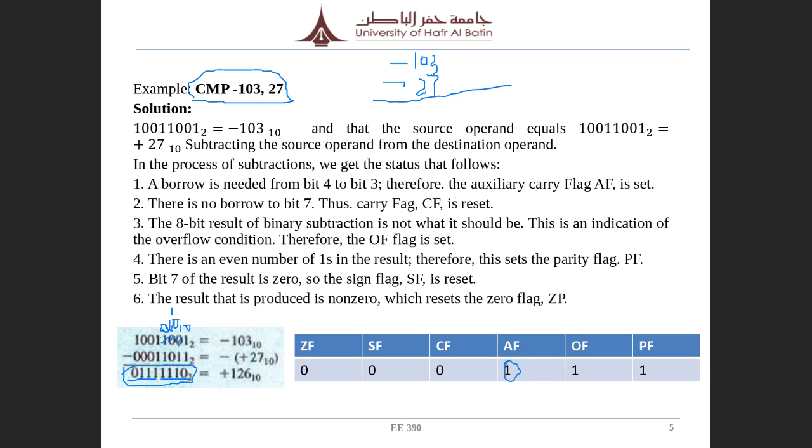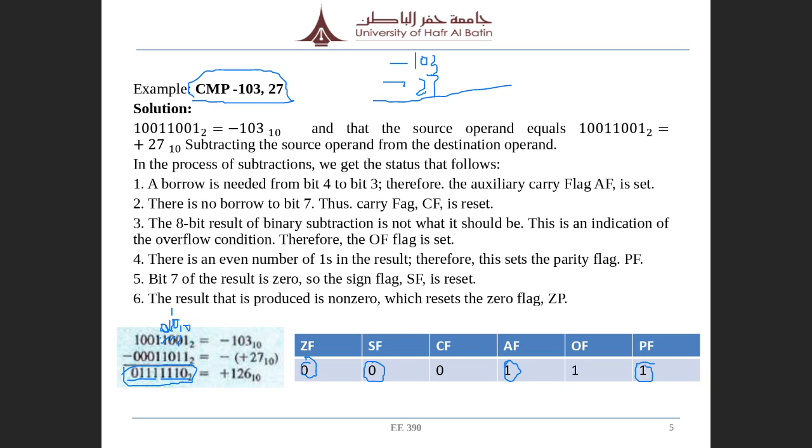So even parity, that's why the parity flag is 1. What about the sign flag? The MSB is 0, so the sign flag is 0. What is the zero flag? The result is not 0, so the zero flag is 0. These things we can easily say.